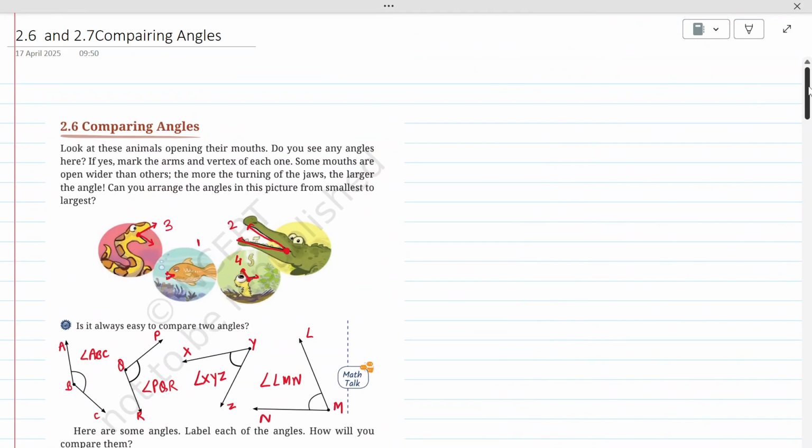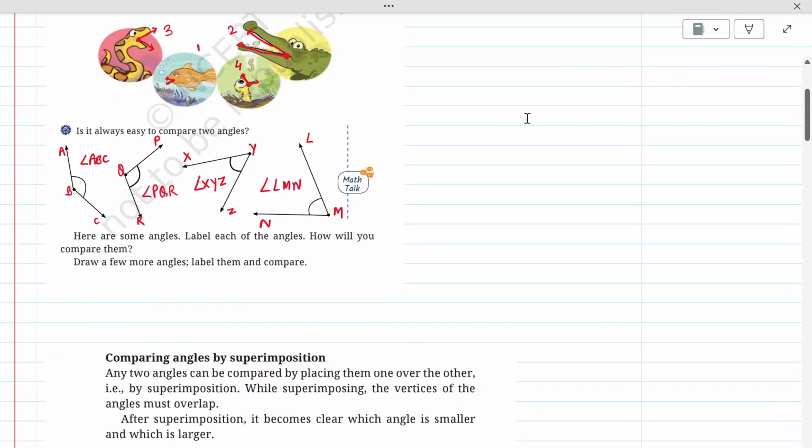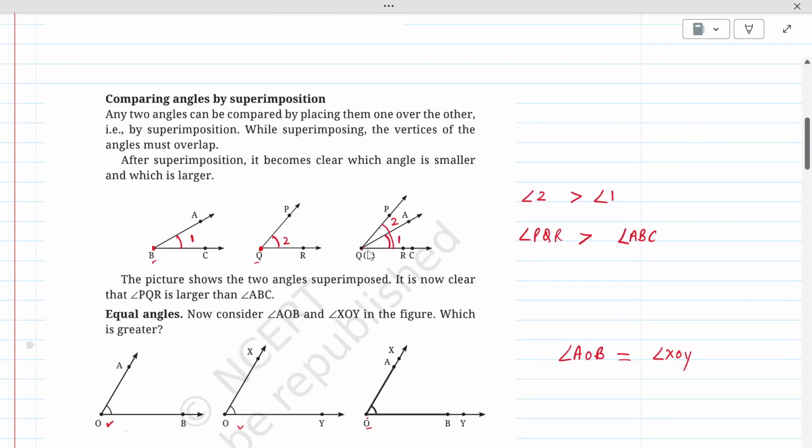The first is superimposition, where we keep one angle over the other in such a way that their vertices coincide. Then we see, if the vertices are coinciding, how much turn one arm will have to take to move to the other, or what is the space between them. So in the first example we did, we found that angle 2 is greater than angle 1.